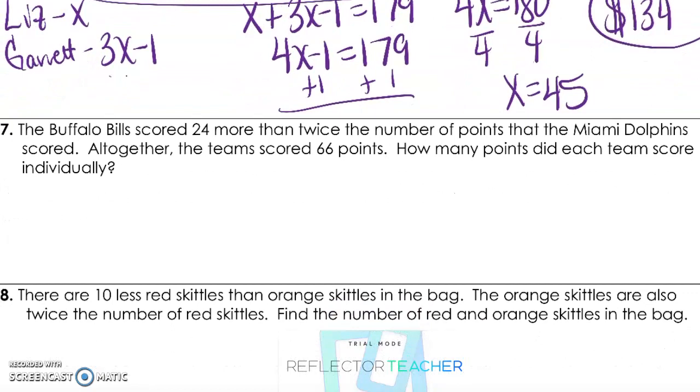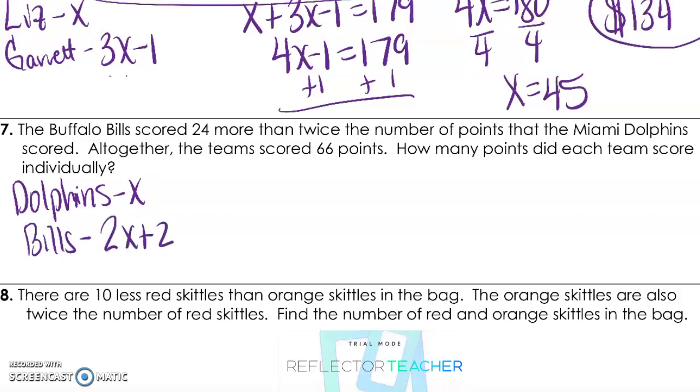Number 7, the Buffalo Bills scored 24 more than twice the number of points that the Miami Dolphins scored. So Bills are being described in terms of Dolphins. So the Dolphins are going to be x. So then the Bills, 24 more than twice the Dolphins, 2x plus 24.